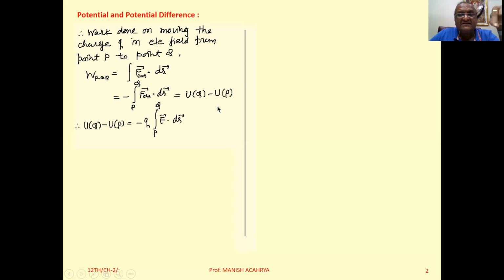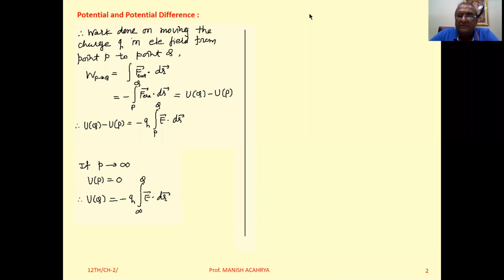Or here we can see, as per the work energy theorem also, the work done, that is minus integration P to Q F electric dot dr, is the change in potential energy. Clear to all of you?